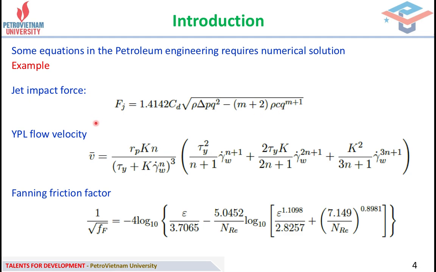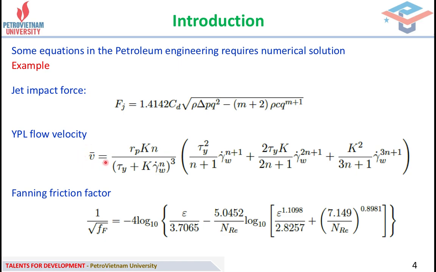The second problem that we often encounter in drilling fluid engineering requires you to determine the pressure gradient. To determine the pressure gradient, which is to estimate the frictional pressure loss, you need to find the wall shear rate corresponding to a certain flow velocity.